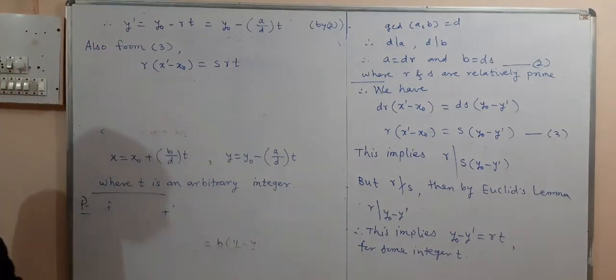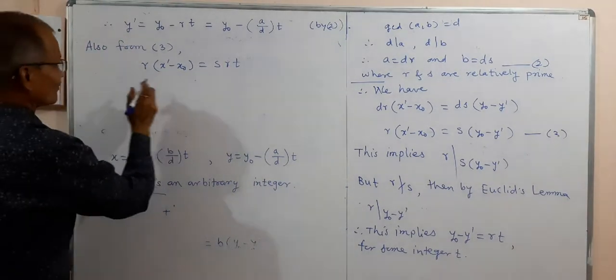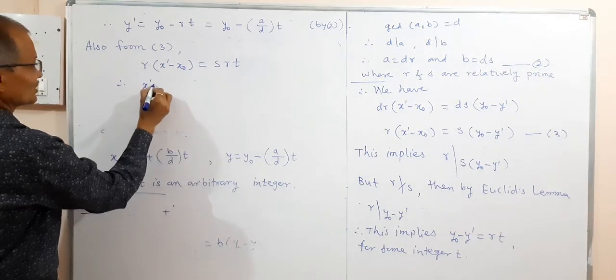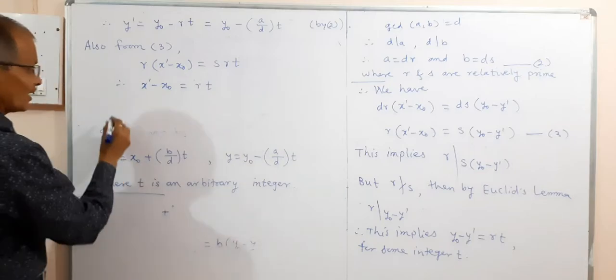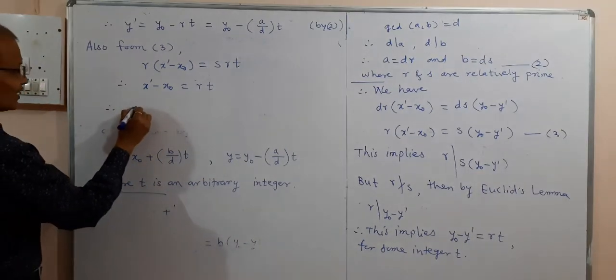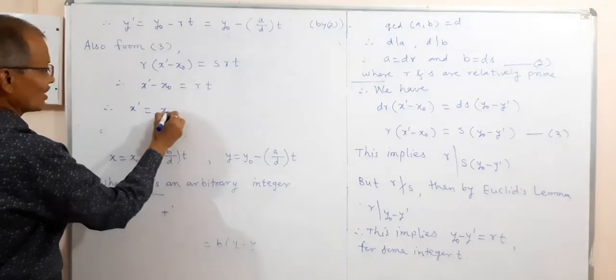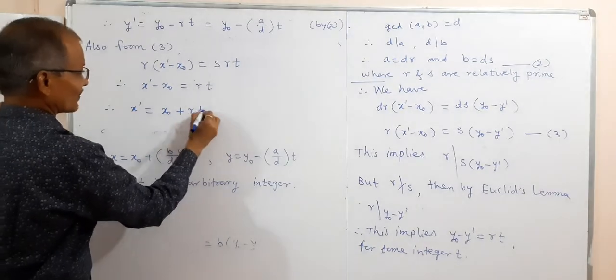R is common on both sides. We divide both sides by r, and what we get is x dash minus x naught is equal to st. And again from this we can get the relation for x dash.